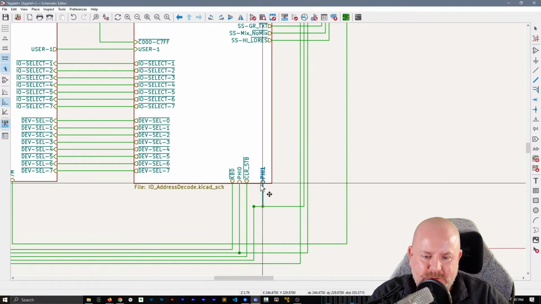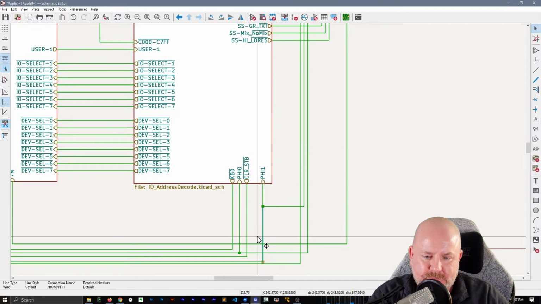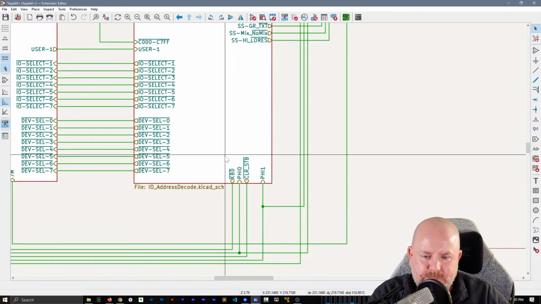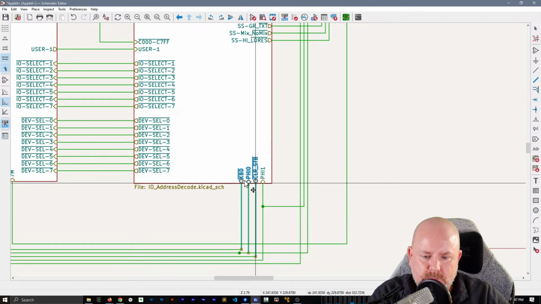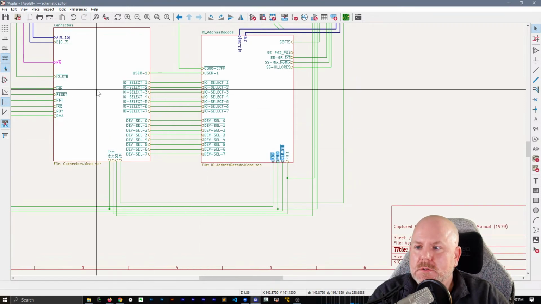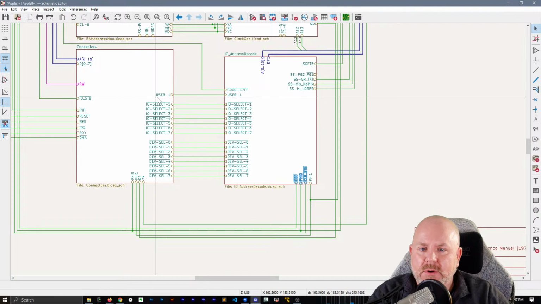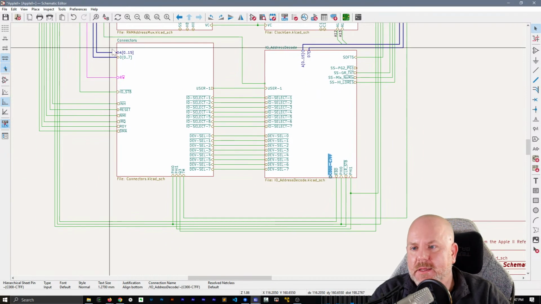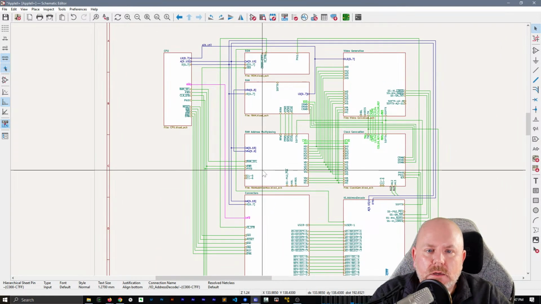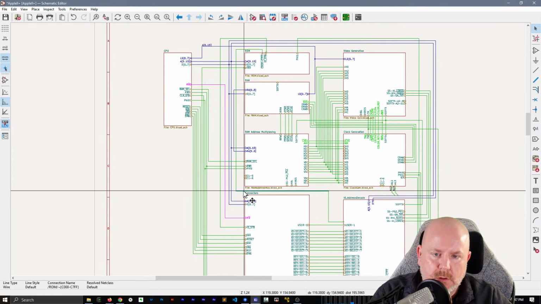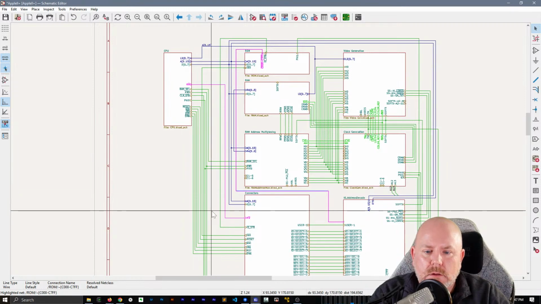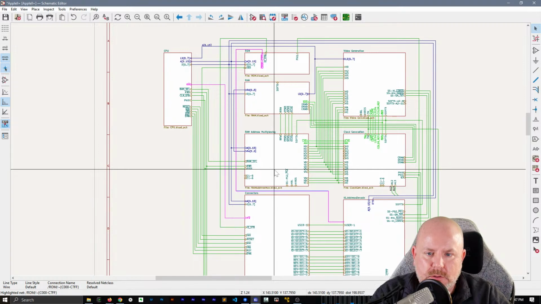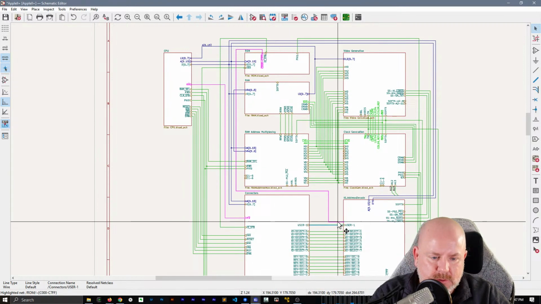Okay, I want to change this. Because what I want to move is I want to move this down here, and then why is that connected to read write? Well, that's interesting.